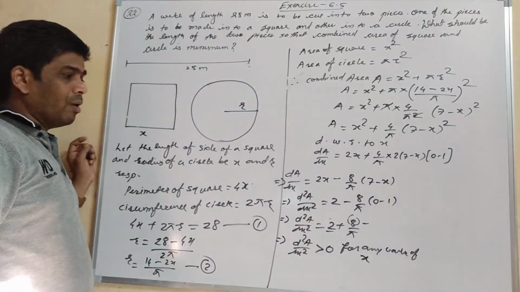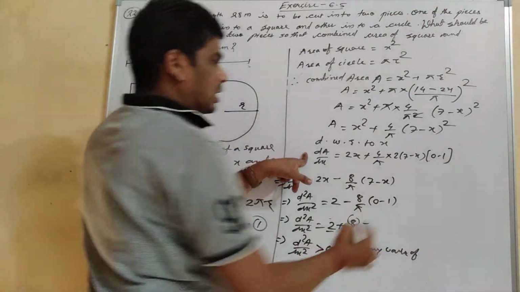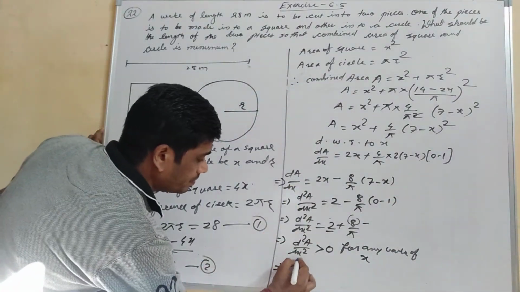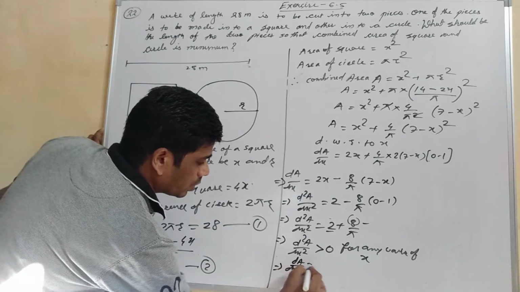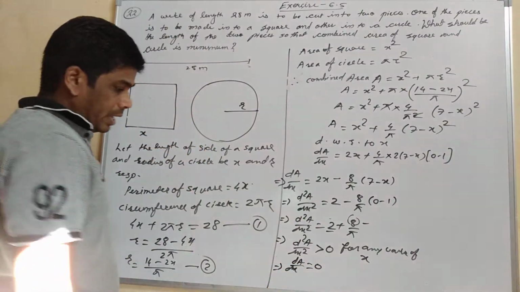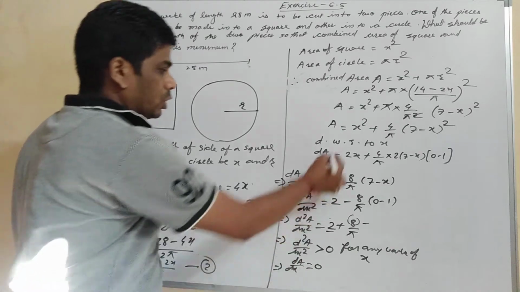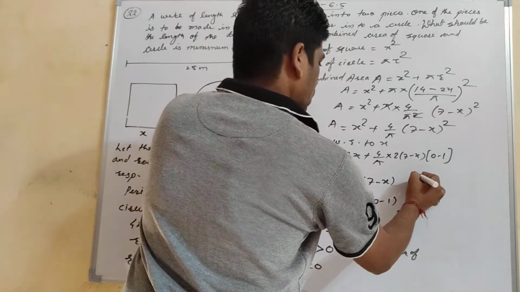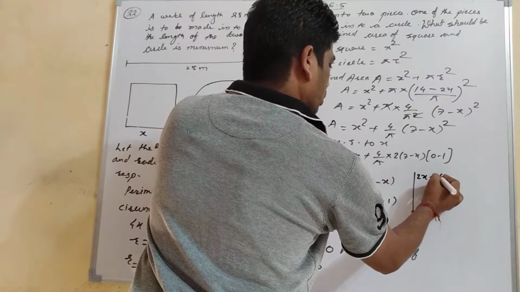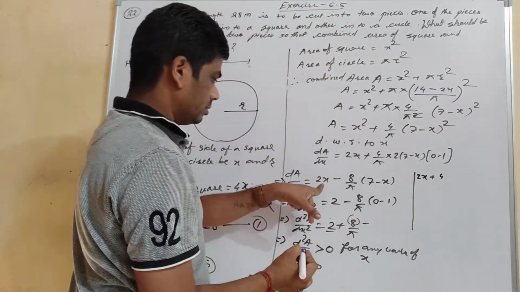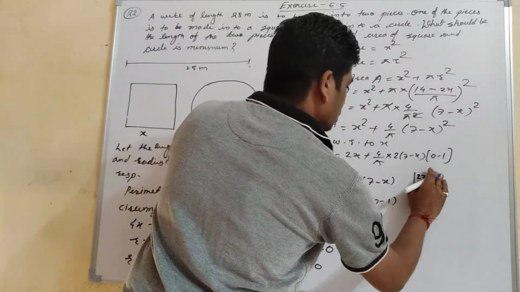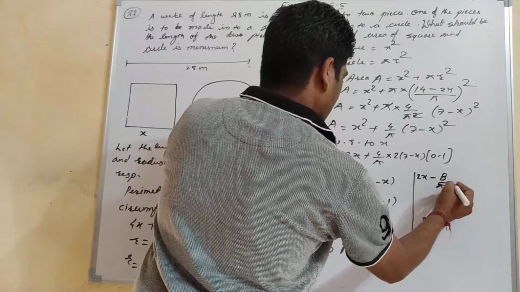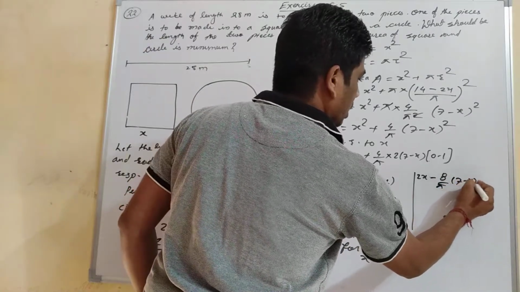Okay, so now we will find the value of x. So dA upon dx we will write 0, dA upon dx equals 0. Okay, so if dA upon dx is 0, you will get here 2x minus 8 upon pi (7 minus x) equals 0.